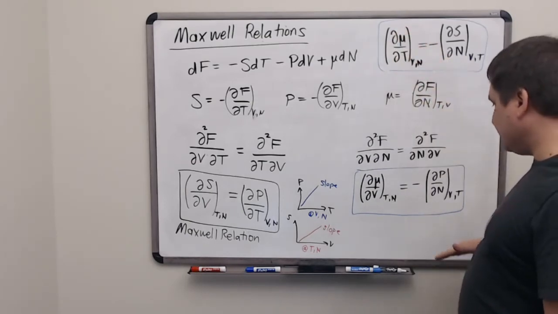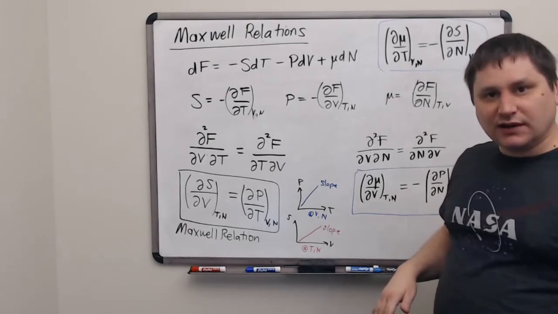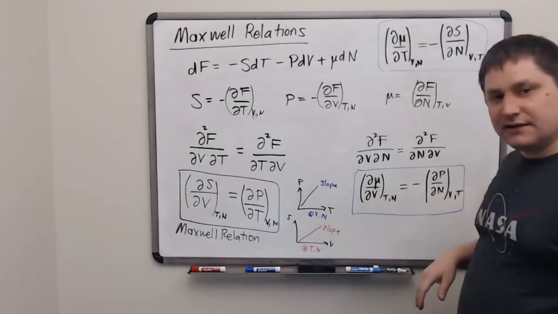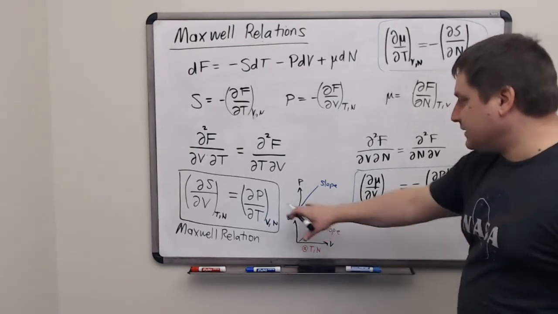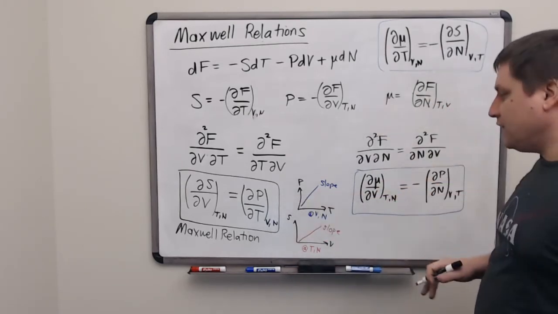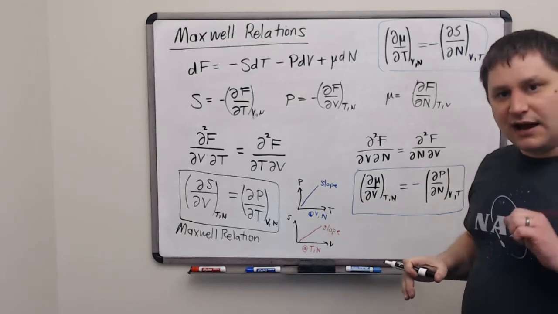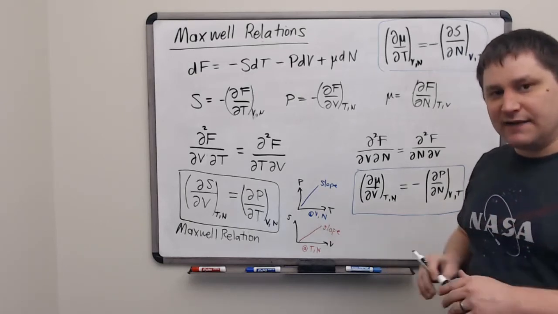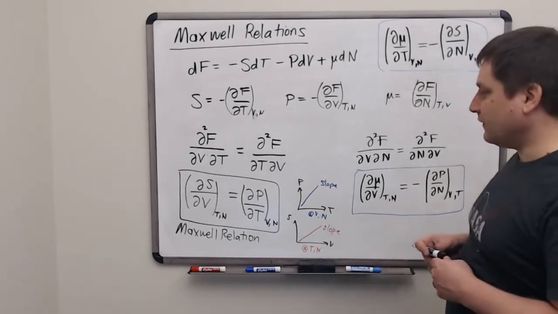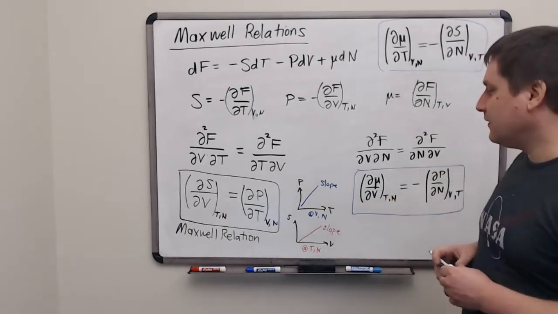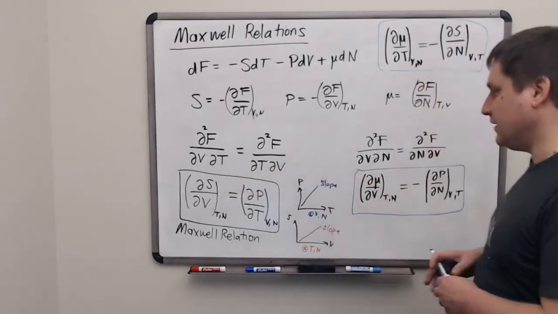We can use maybe the chain rule on some of these to get something that looks like another Maxwell relationship. But usually you'll only need a few of these once in a problem, and then that's all you need it for. Like I said, they're sort of like back road shortcuts from one description into another.